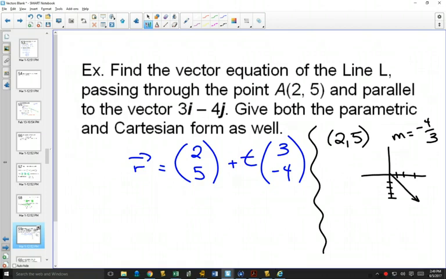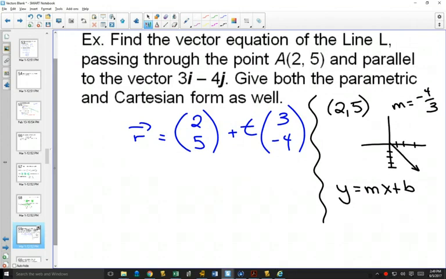How would you figure out this form of the equation using your grade 10 math? What would you do? Put your point in there. So we could put in 5 for y, 2 for x, and negative 4/3 for our slope.